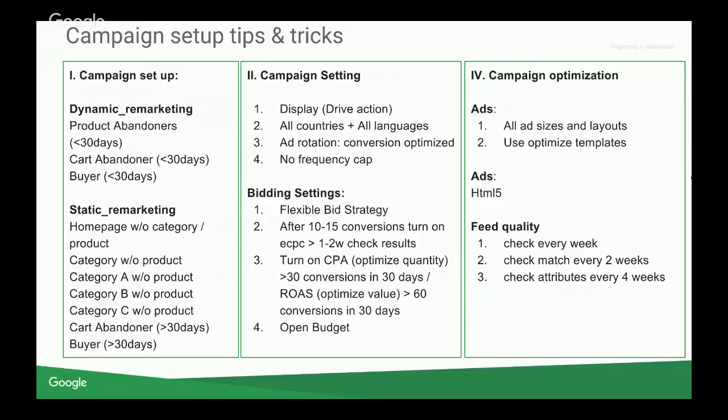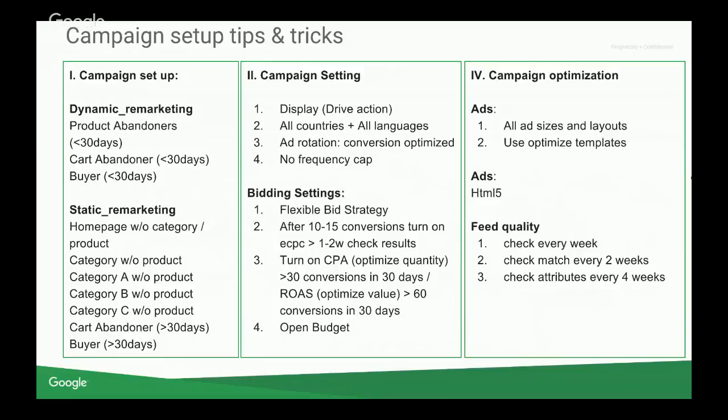And if you have more than 60 conversions in the last 30 days, and we are hoping for this scenario, we highly recommend you to set your targeted ROIs, or the return on advertising spend. The budget, of course, depends on you, but don't be so constrained when it comes to budget, because once you see the results, you can leave the budget open and basically just optimize for the CPA or for the ROIs.